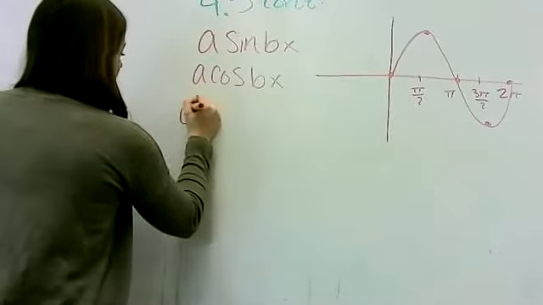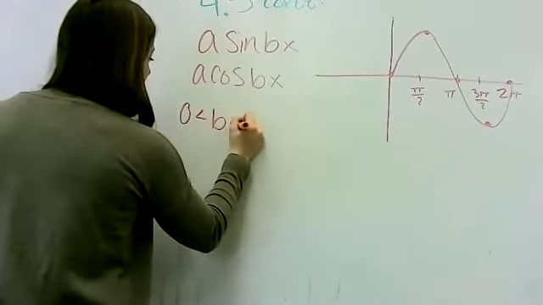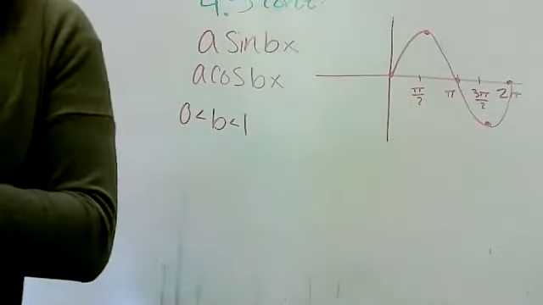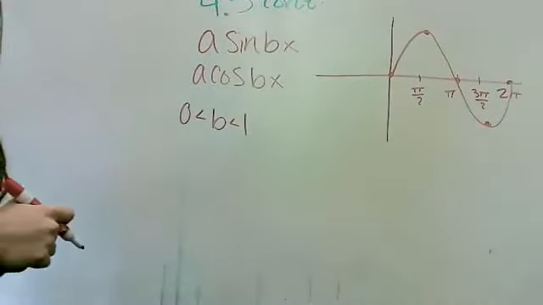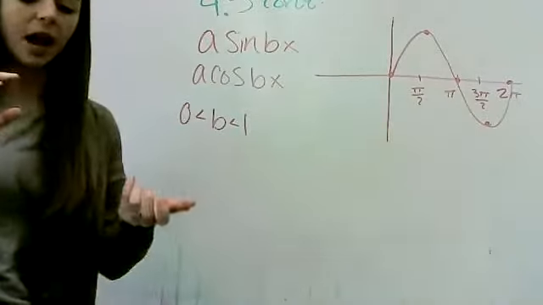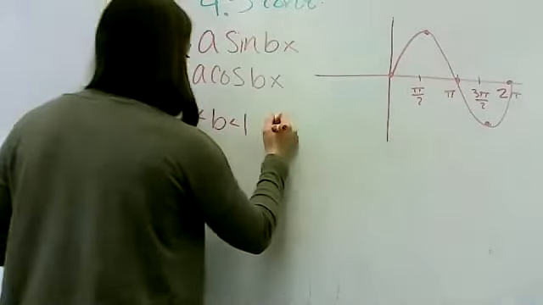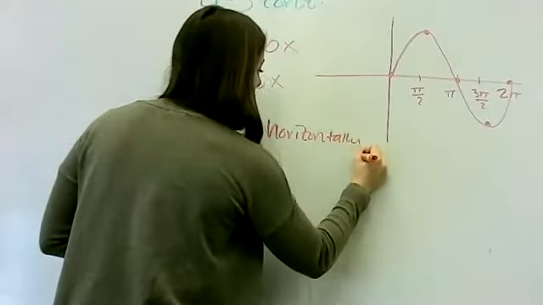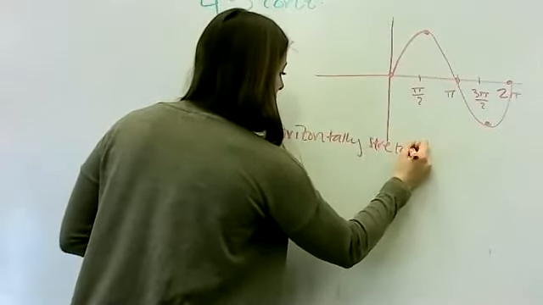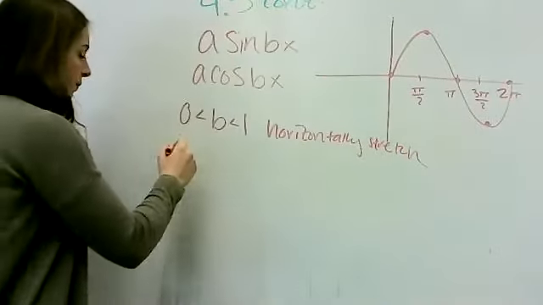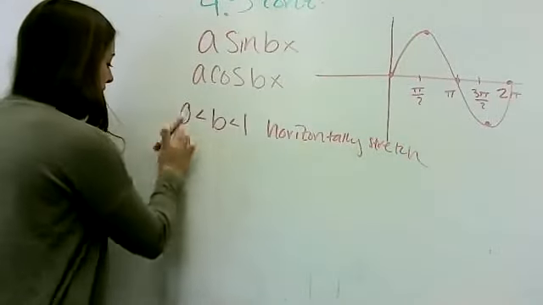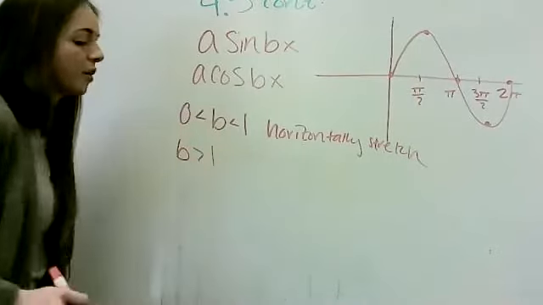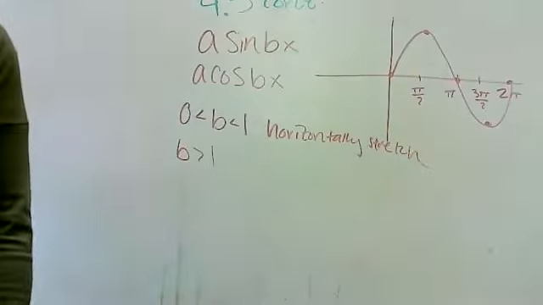If this b value is between 0 and 1, it's actually kind of the opposite effect. It's actually going to horizontally stretch this function. If b is greater than 1, it's going to do the opposite effect.